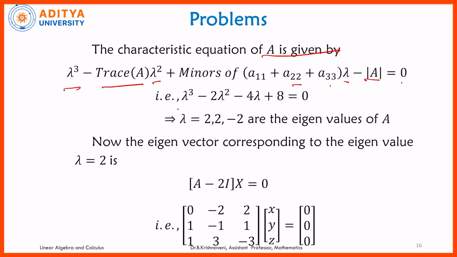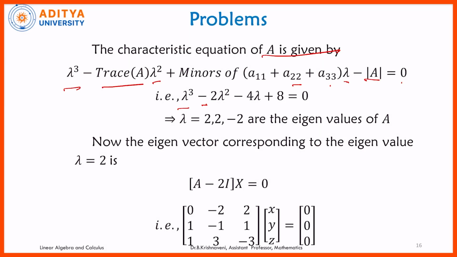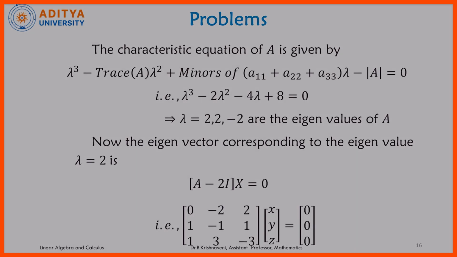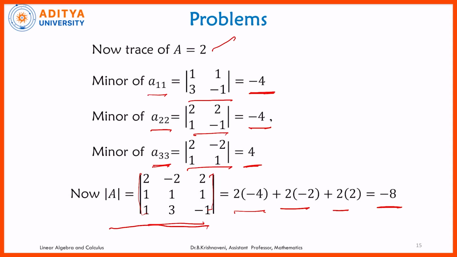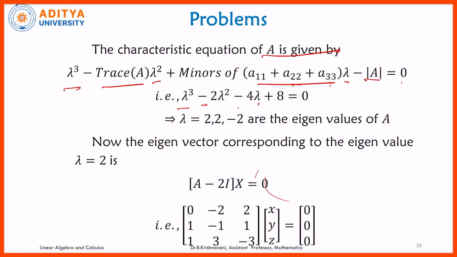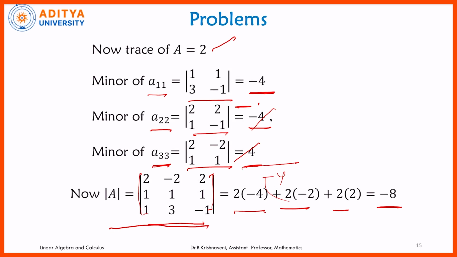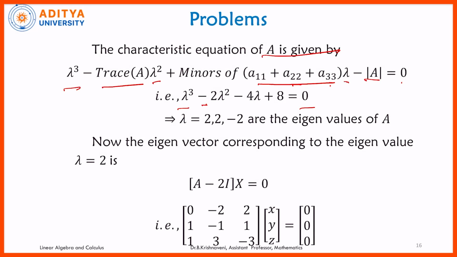On substituting all the values, lambda cube minus 2 lambda square plus the sum of all the minors. On adding all these, we get minus 4. So the coefficient of lambda is minus 4 and the det value is 8. Here it is.